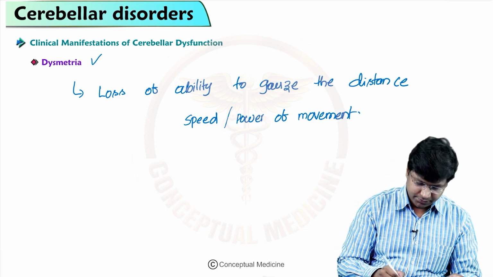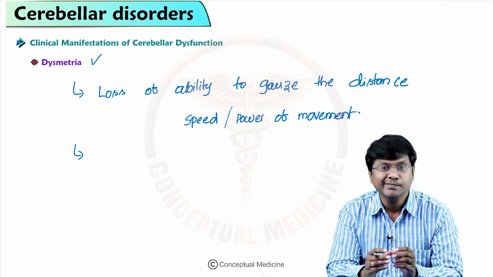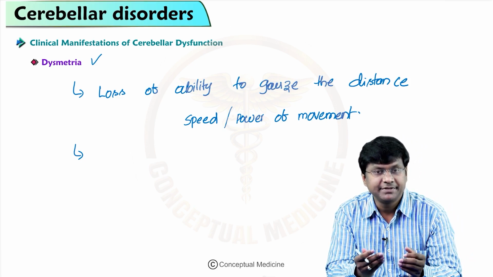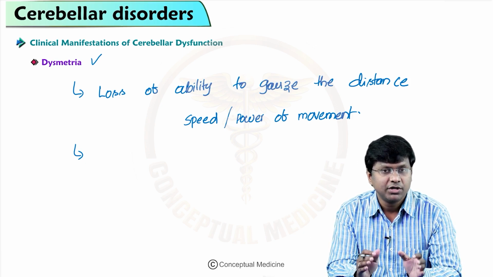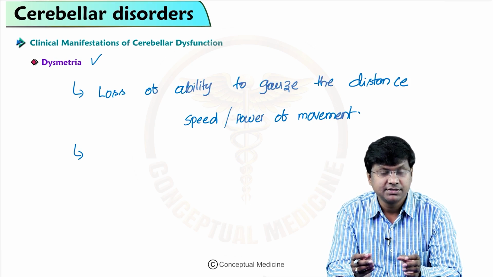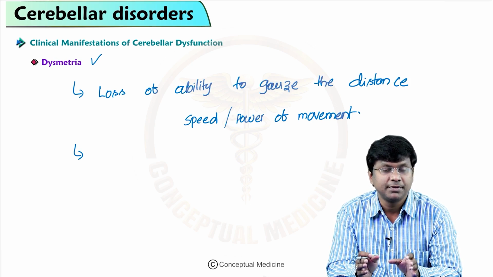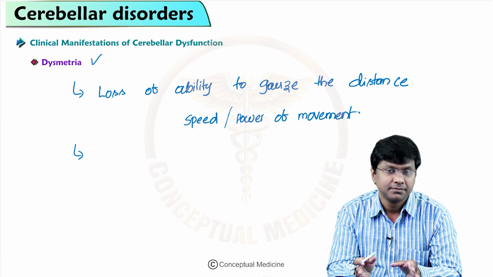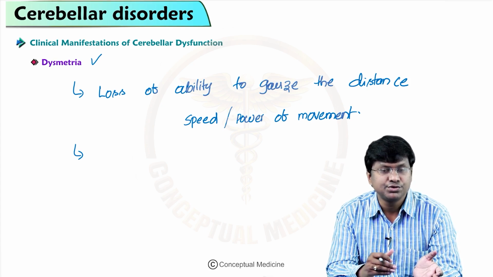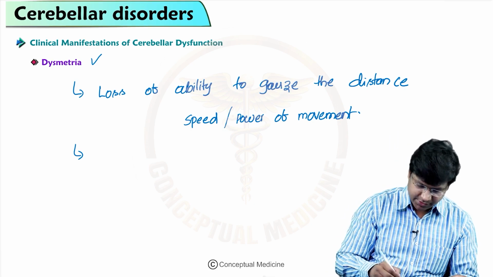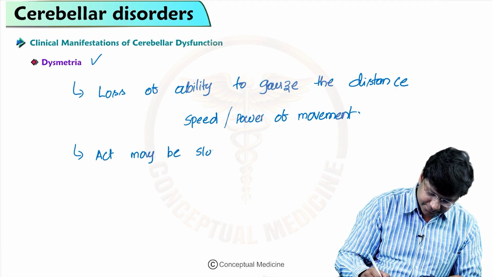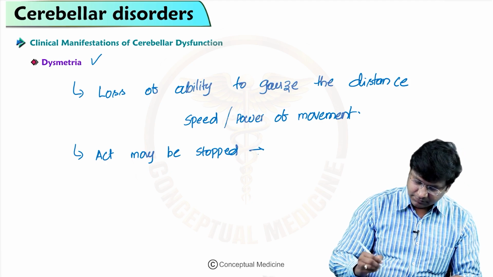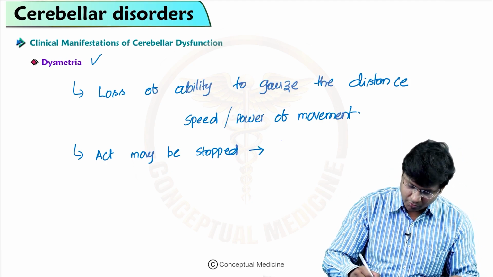Now, in dysmetria, the individual will have what is called undershoot or overshoot. What is undershoot or overshoot? The act may be stopped before the goal is reached, or the individual may overshoot the desired point.